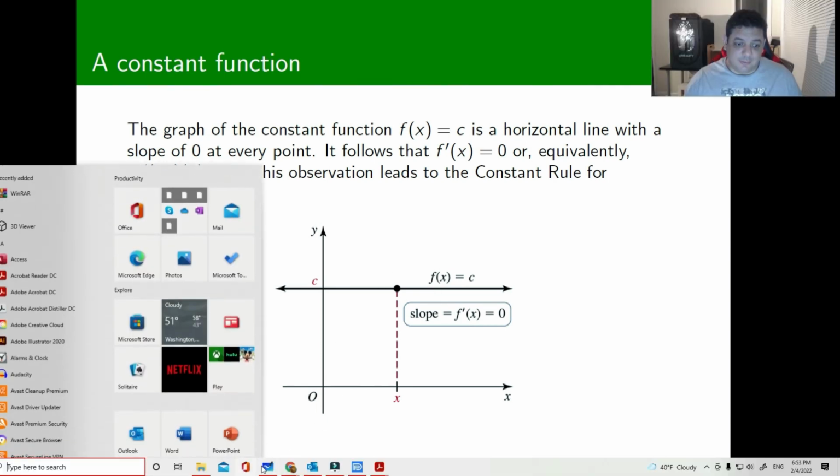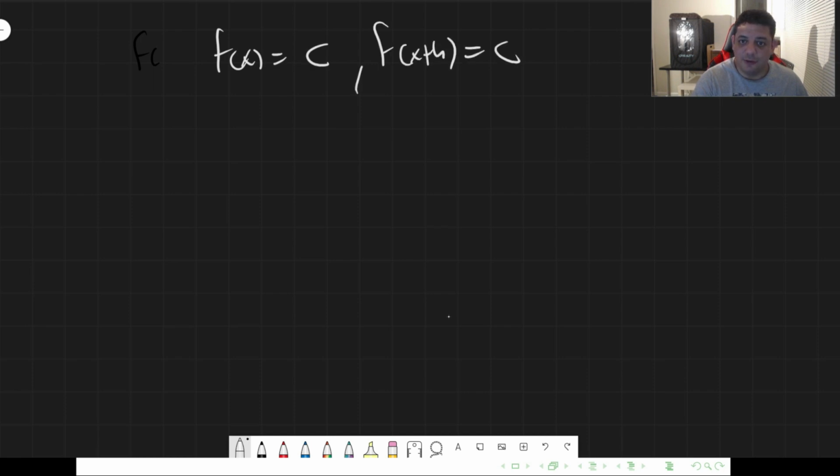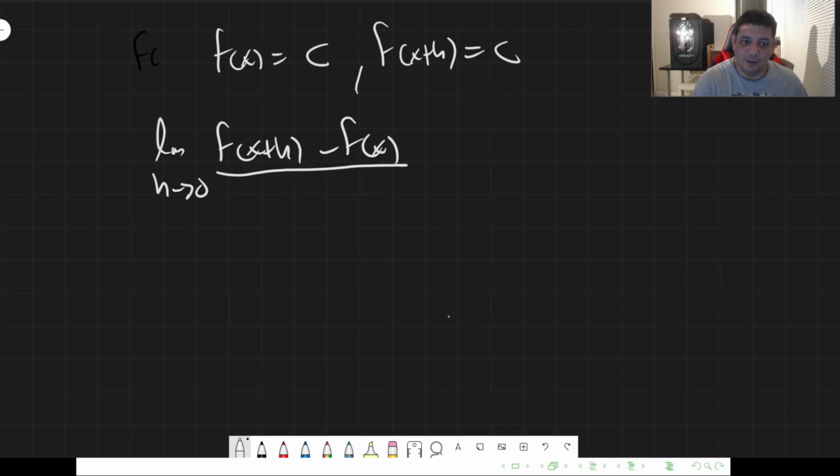It's really easy to see in the calculation that that's the case, because if you consider f of x equals a certain constant, f of x plus h is also going to be that constant. And so the limit when h goes to 0 of f of x plus h minus f of x over h is nothing else but c minus c.